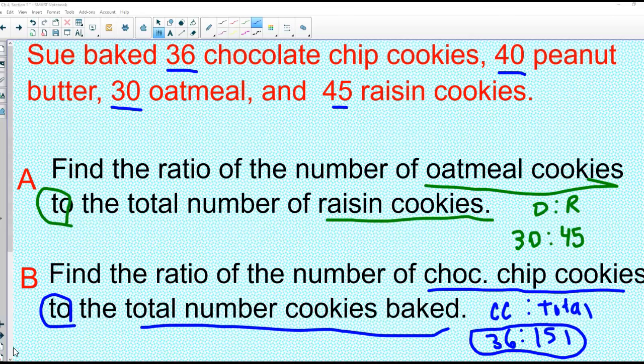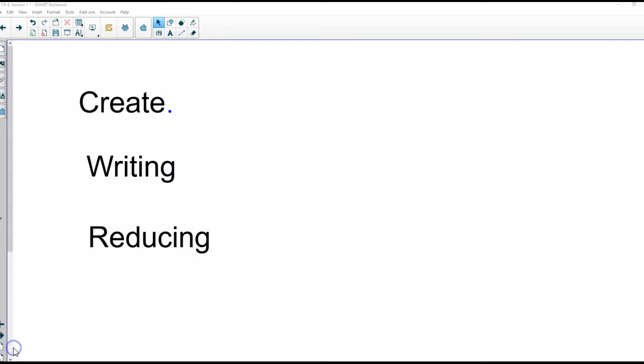So today, guys, we have focused on a little bit of an introduction to ratios. We focused on three main things. We said that in order to be able to write a ratio, it has to have the same units. They must be measuring the same thing. We also worked on writing them.